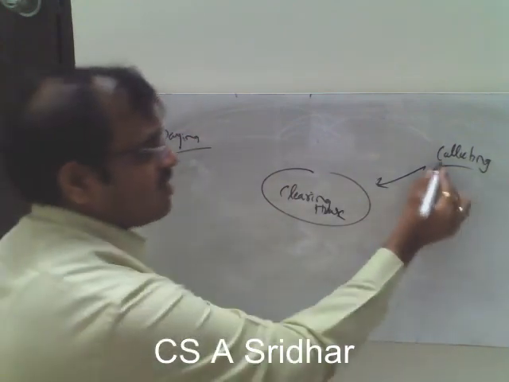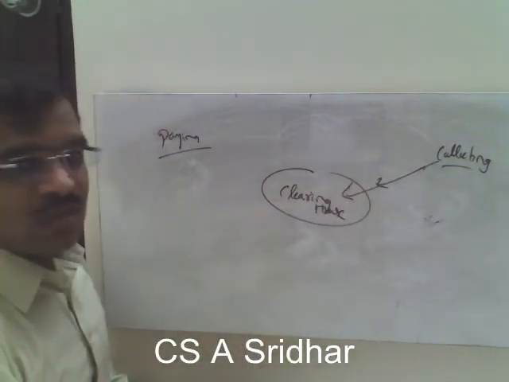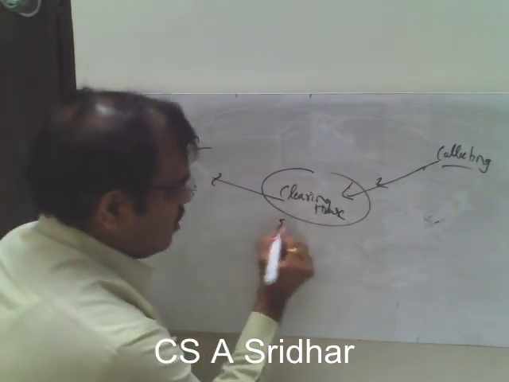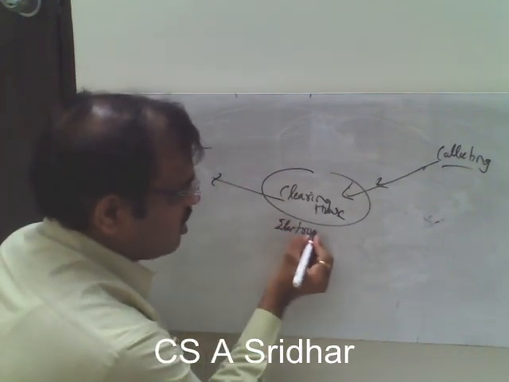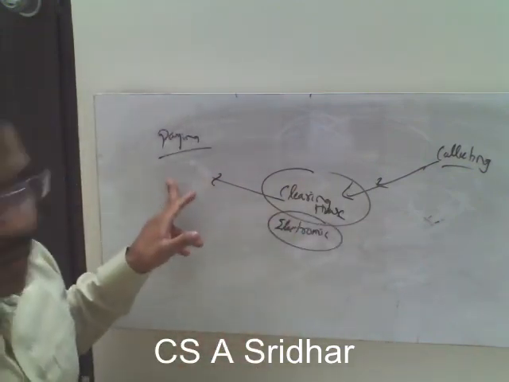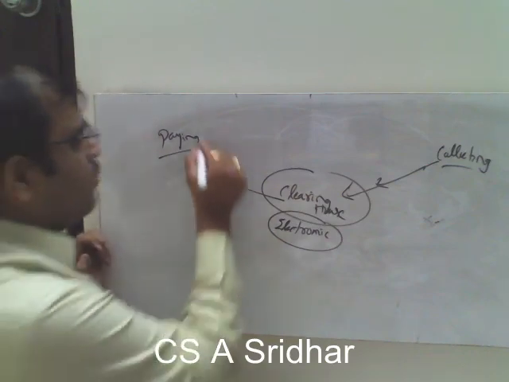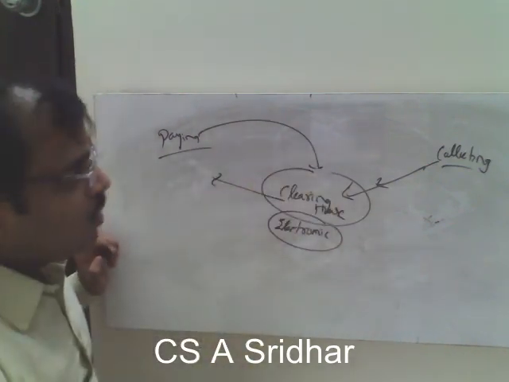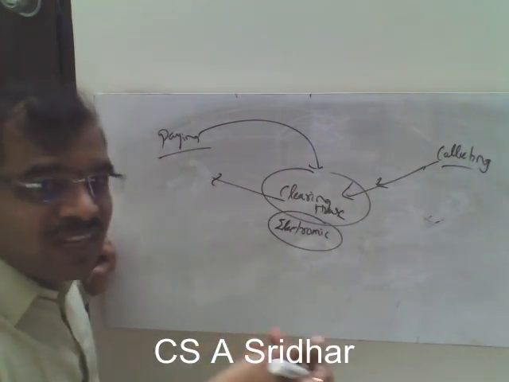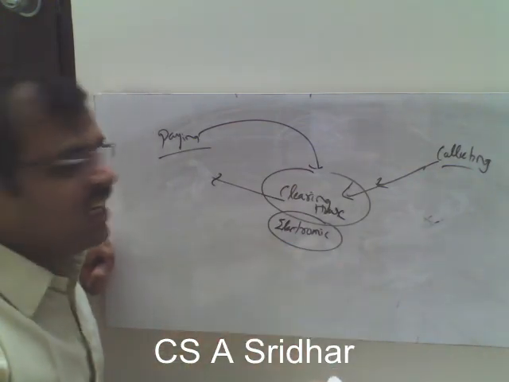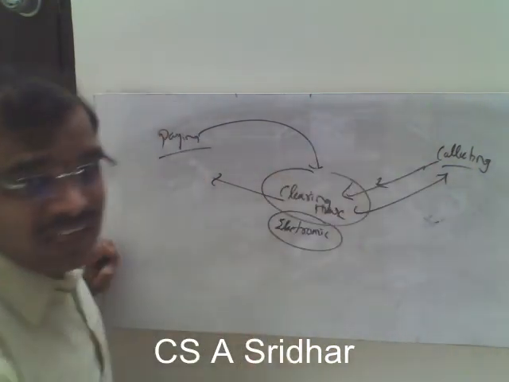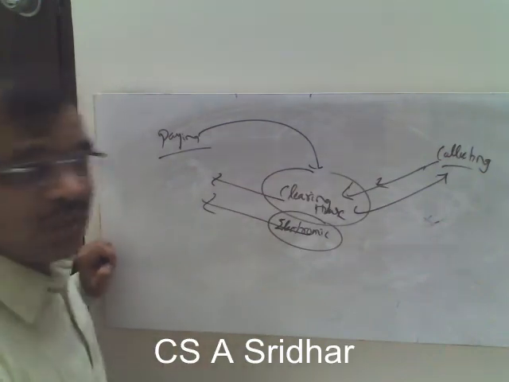When the collecting banker gives the check to the clearing house, they used to do the scanning, and the scan copy, the electronic image, used to be sent to the paying banker. Then the paying banker will give the money. Once they receive the payment, only then will they do the truncating. The truncated image will be sent to the collecting banker, and the check will be sent to the paying banker.